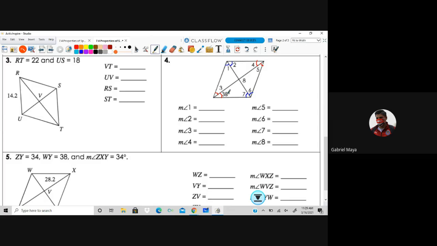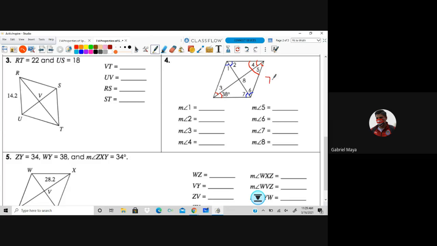So if this is 38, that means that this entire thing is 76. So right here we have a total of 76 degrees. Opposite angles are congruent, so let's use right here.